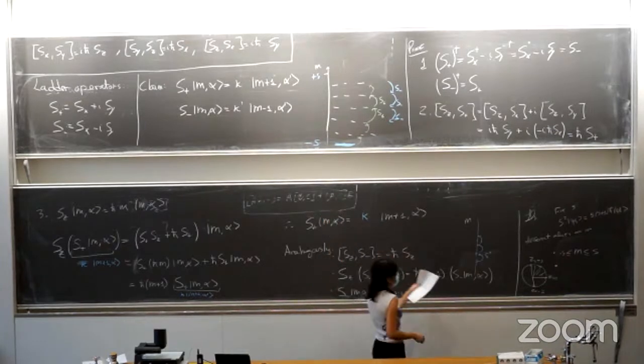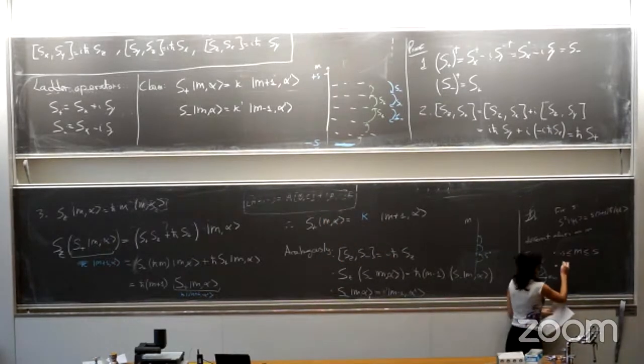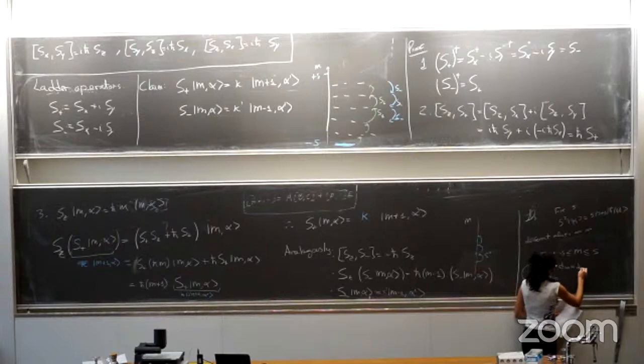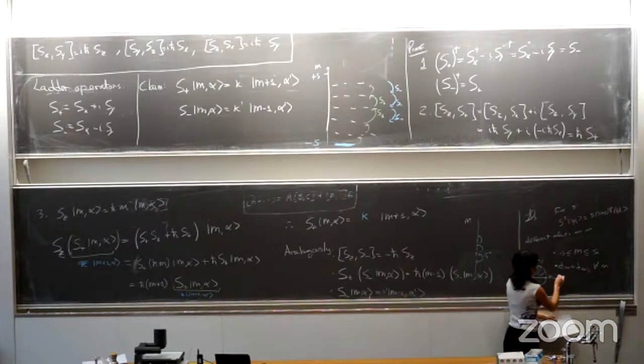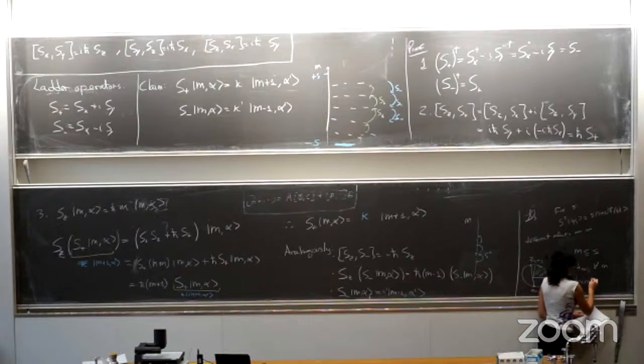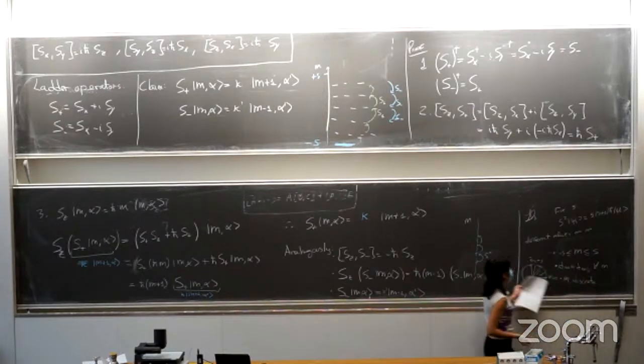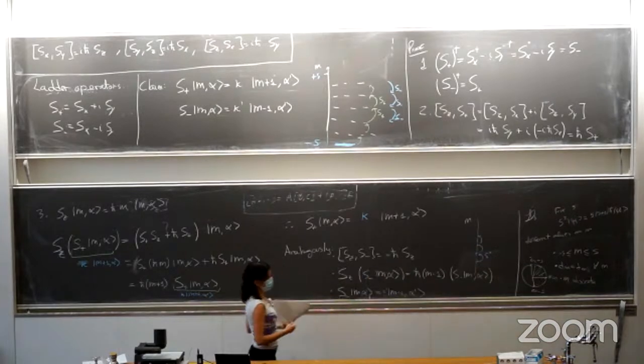So m takes values in this interval. And we'll find that m is discrete. And then this will tell us about properties of particles and atoms and whatnot.